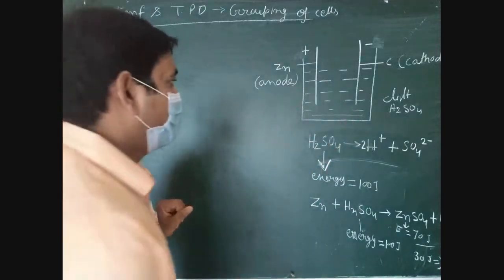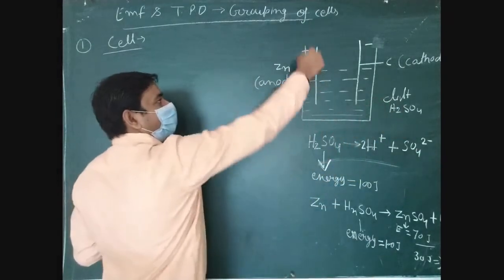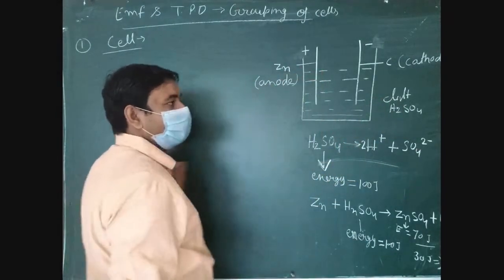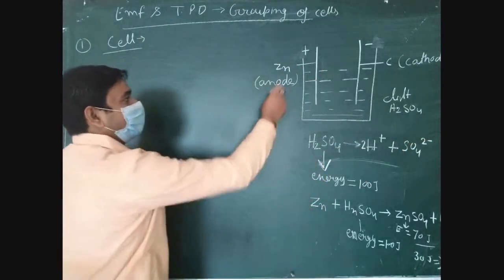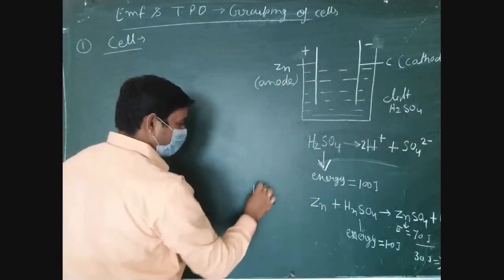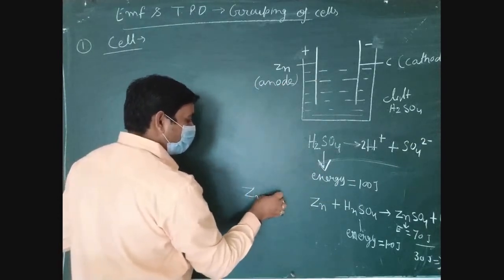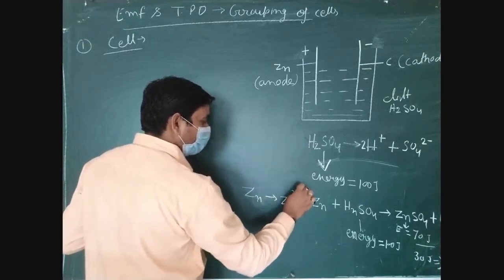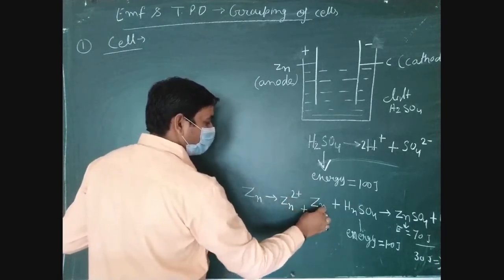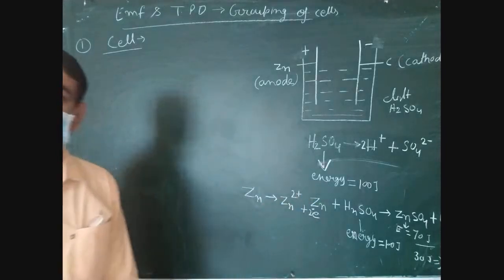Now we understood here, when the zinc rod is kept in an electrolytic solution of dilute H2SO4, it is oxidized, and it is observed that Zn becomes Zn2 plus ion with removal of 2 electrons.